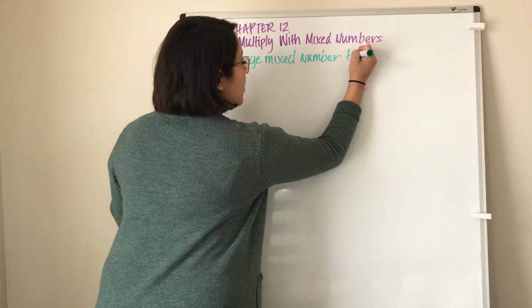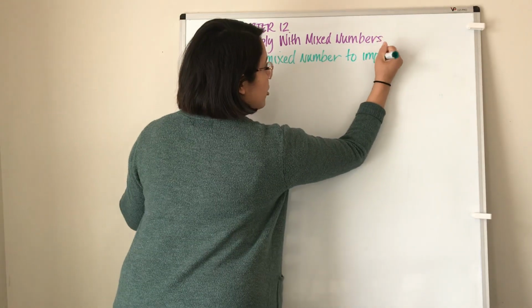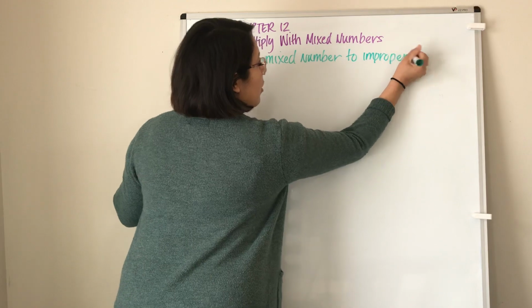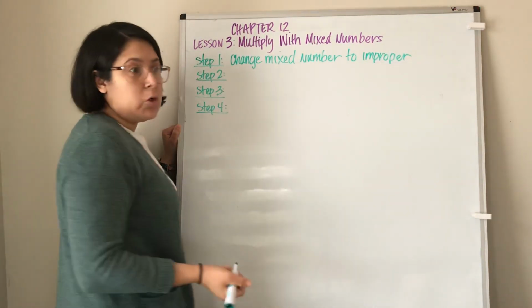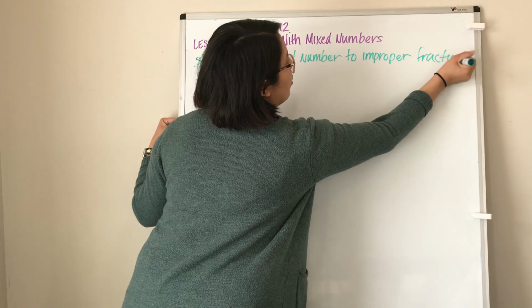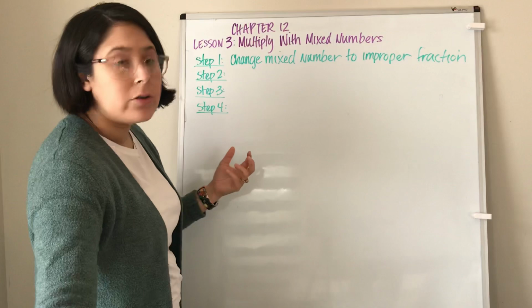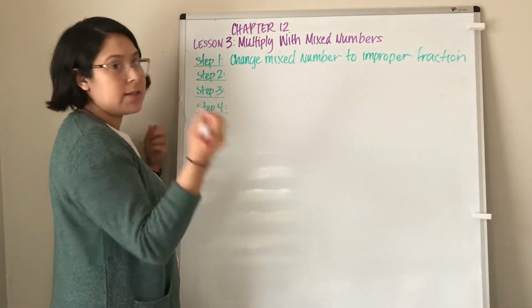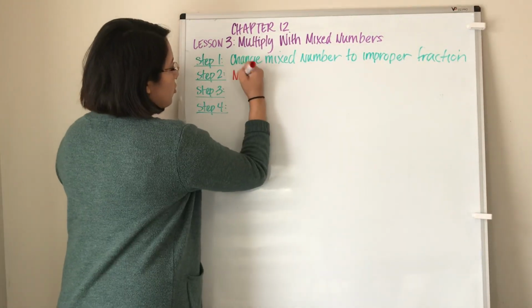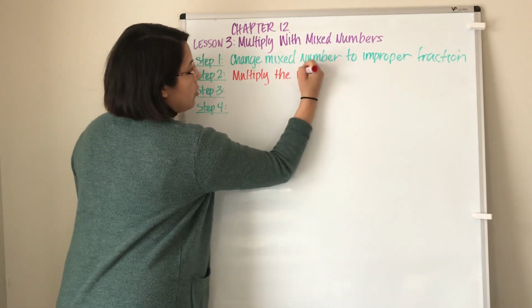So you need to make sure you're changing your mixed number to be an improper fraction in order to even multiply it. And I'll explain a little bit why. The other steps are the same thing as before. You're going to multiply the numerator.